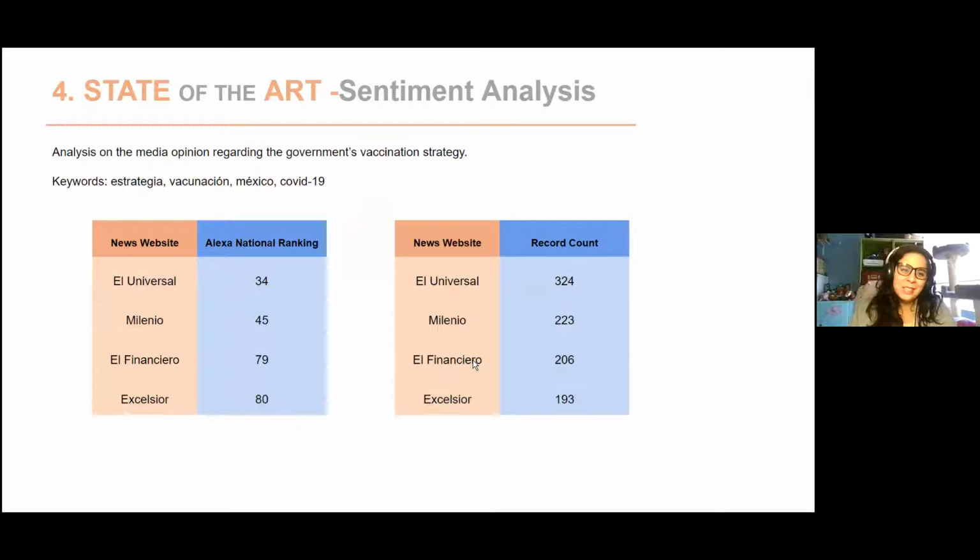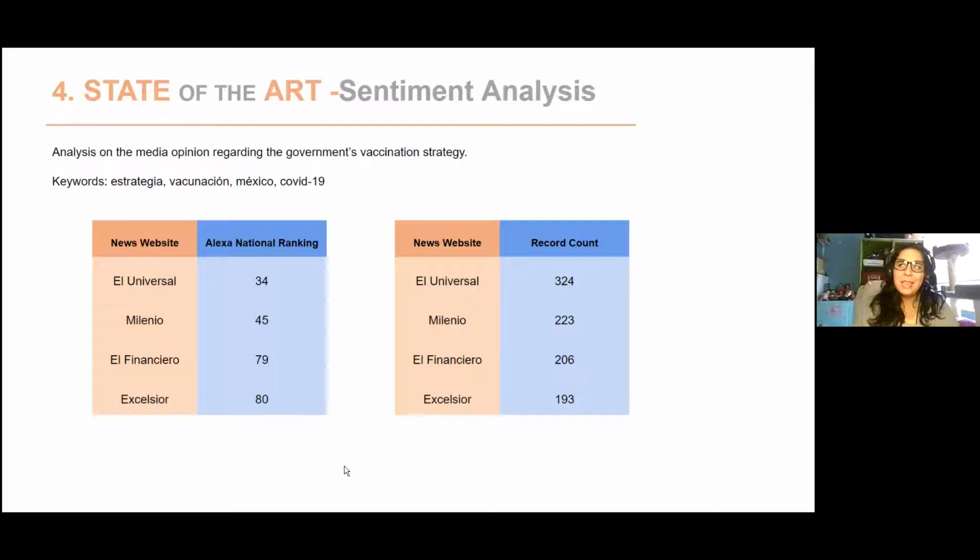So for the current epidemics, we conducted research on the opinion of the media regarding the vaccination strategy. So what I did is scrape the web for the opinion sector of these 5 newspapers, which are the most important in the country, according to the Alexa national ranking.